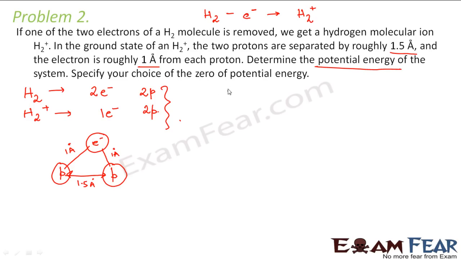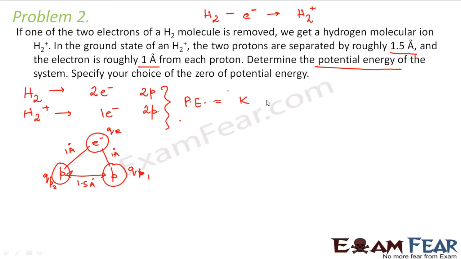So how do we calculate the potential energy of a system? This is related to the potential energy of a system of n charges. So here how many charges do you have? You have 3 charges, right? So how do you calculate? You calculate it this way. So the potential energy will become, let us call this Q1, this Q2 and this Q3, or you can call this QE for electron, QP1 and QP2.